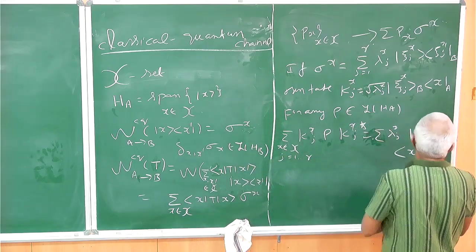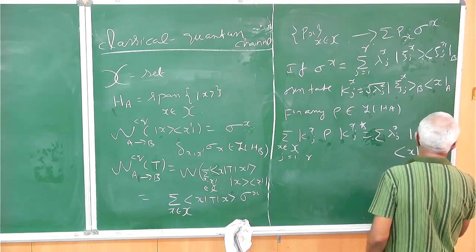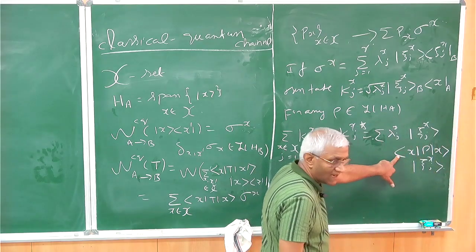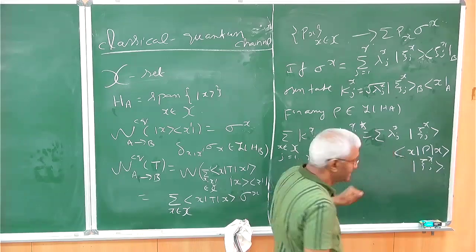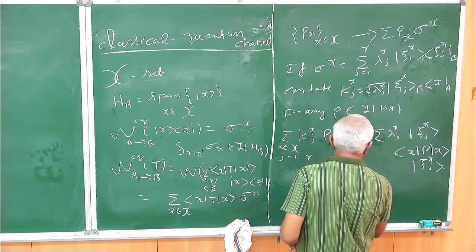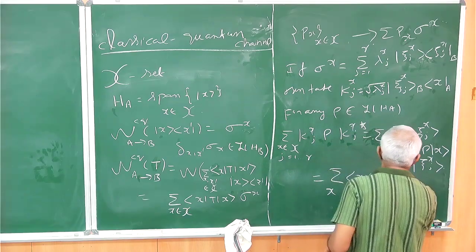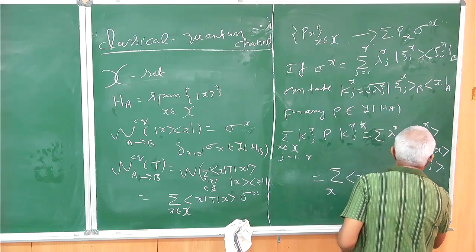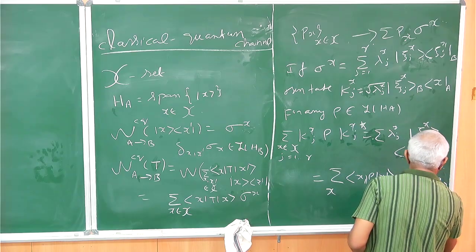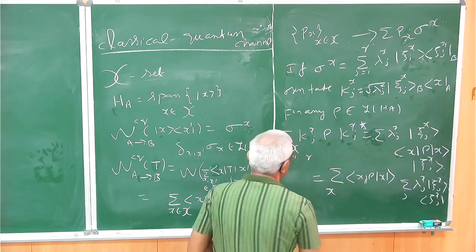It will be x only. So we get x here, and then we have this |xi_xj><xi_xj|, summation over x and j. Now this is a scalar, you can just take it out. So this is the summation over x of rho_xx, and then the summation over j of lambda_xj |xi_xj><xi_xj|, which is just that sigma_x.